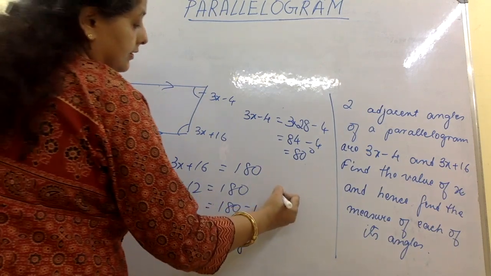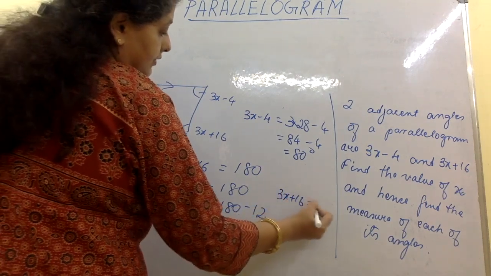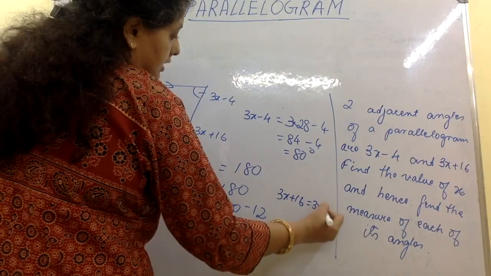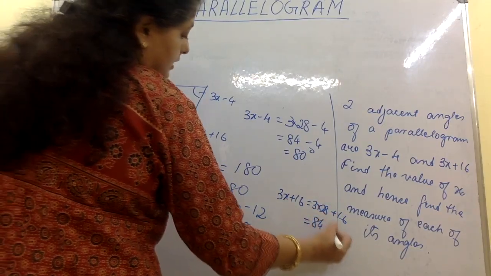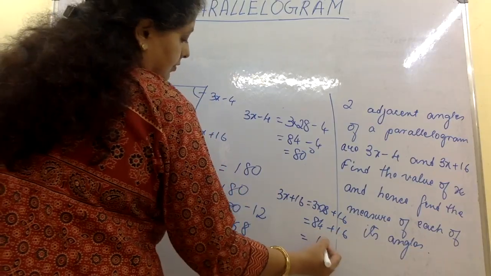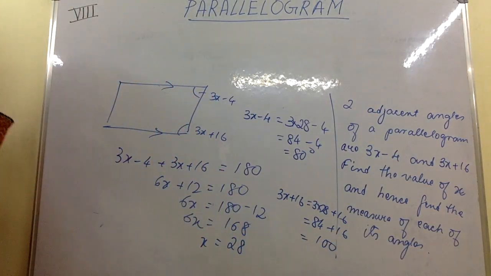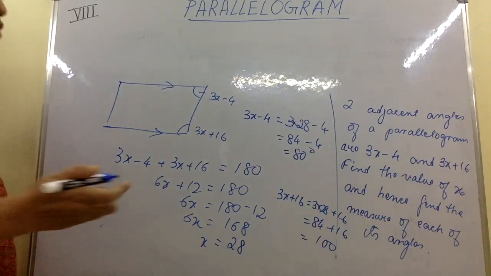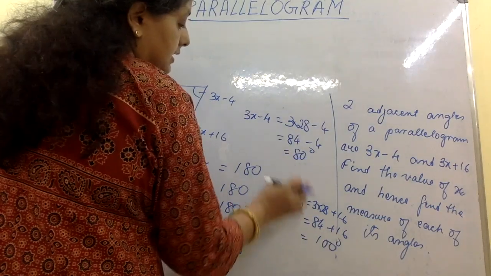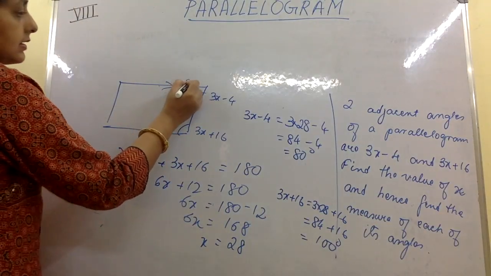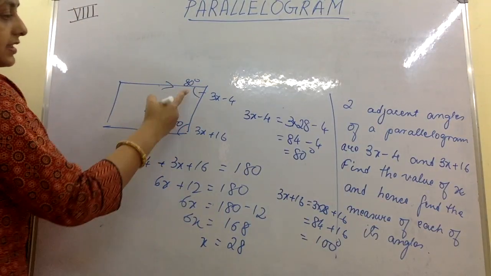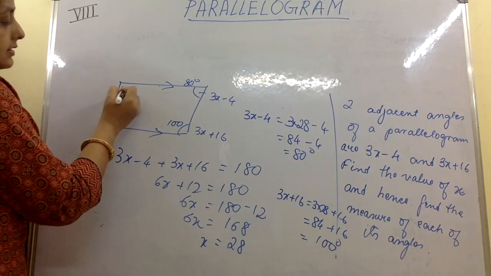Okay, and 3x plus 16, which is 3 into 28 plus 16, which is equal to 84 plus 16, which is equal to 100. Okay, and the moment we get this, we should also check that it is coming to 180 or not. So this is 80, here is 100.